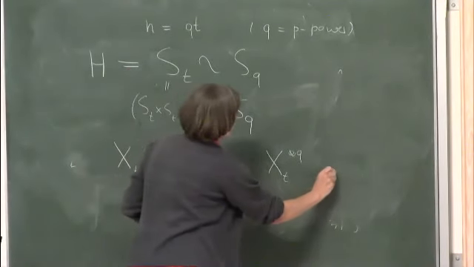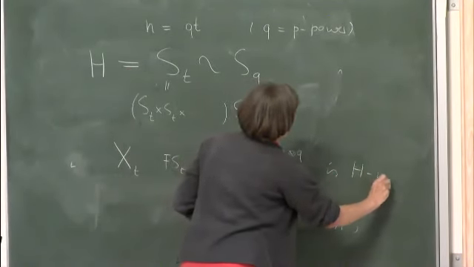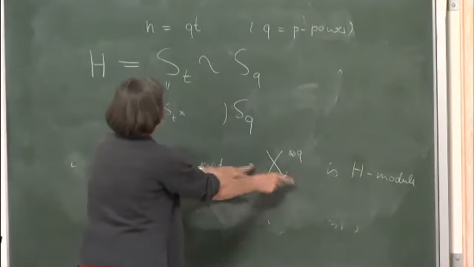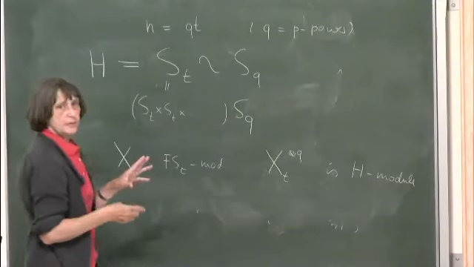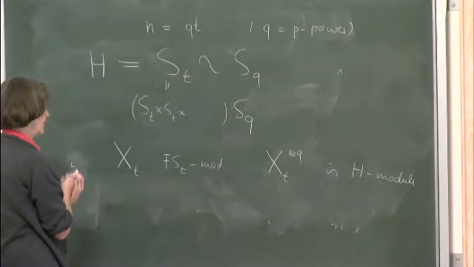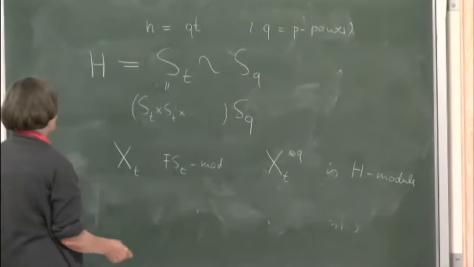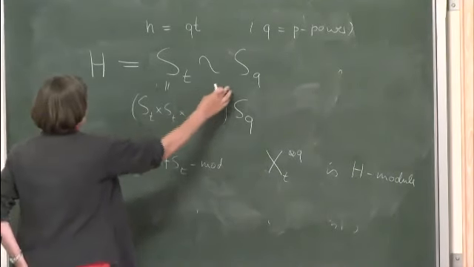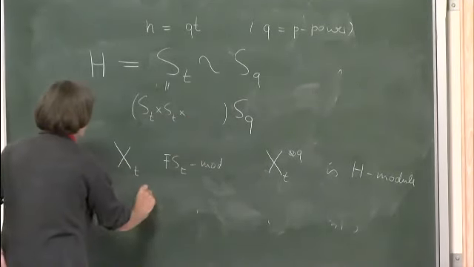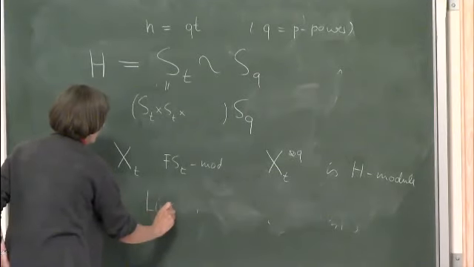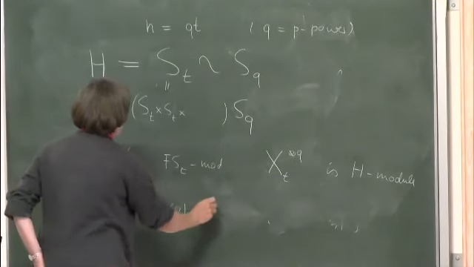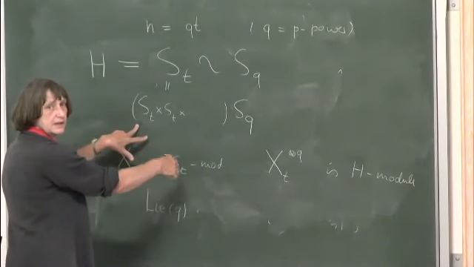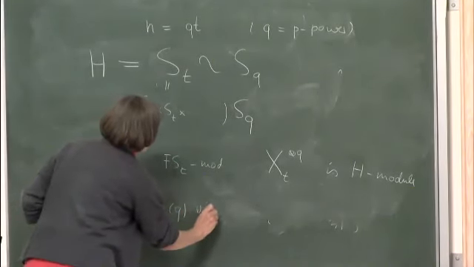So this is also an H-module, because you can let the base group just act as it acts anyway, and the top group here acts by permutation, yeah? So this is a module. You have to check that this actually works, and it does. And then you take any module for S_q. So for example, you can take L^q. This is an S_q-module, but you can view it as an H-module by just inflating it, right? It can be viewed as an H-module.